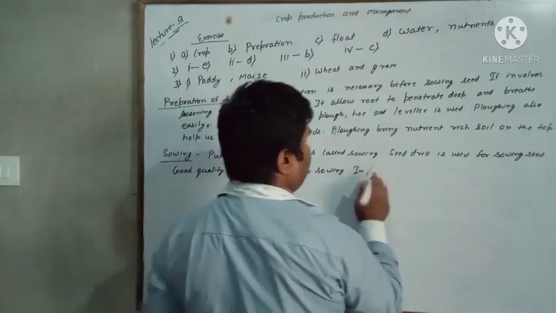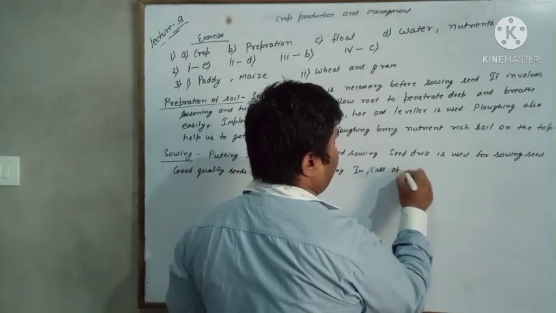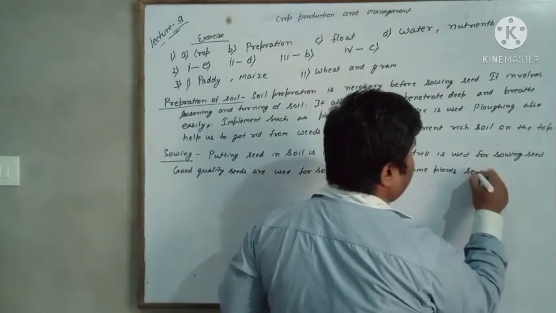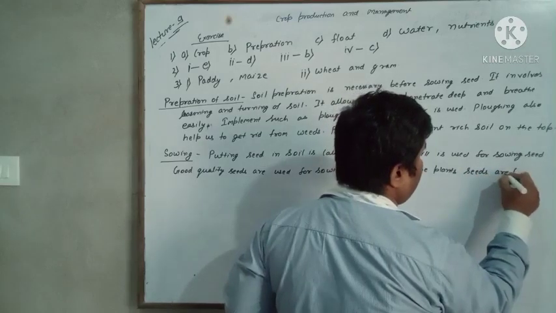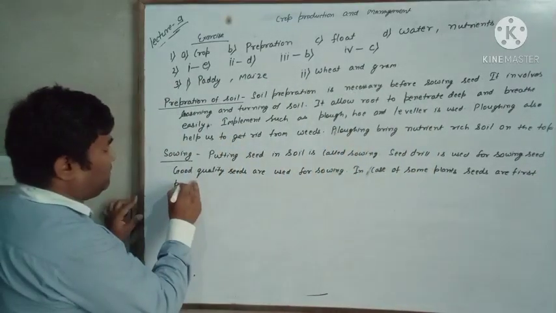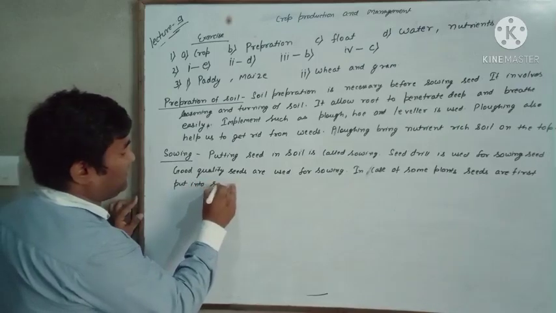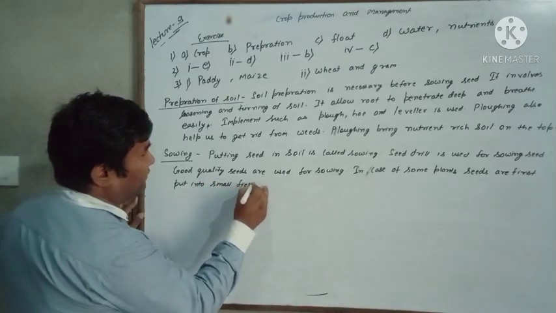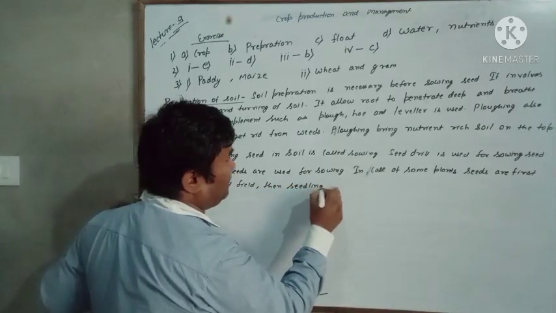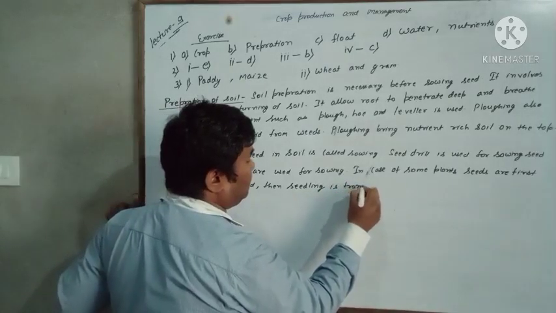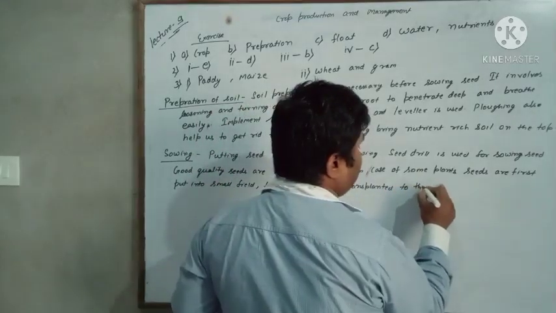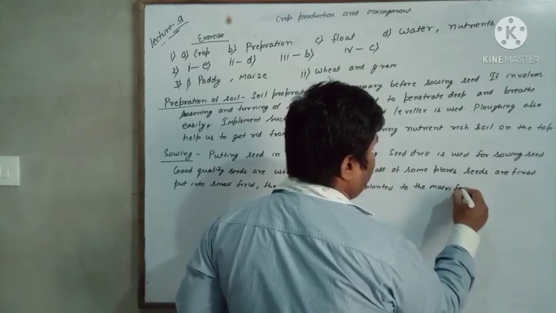In case of some plants, seeds are first put into a small field, then the seedling is transplanted to the main field.